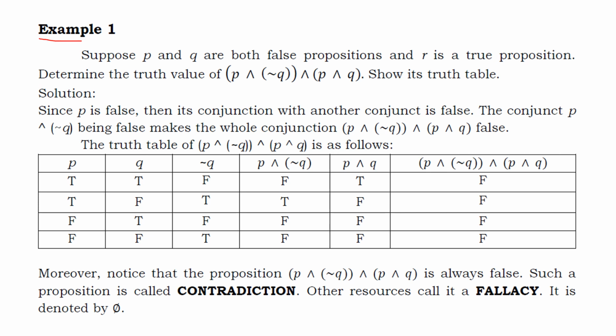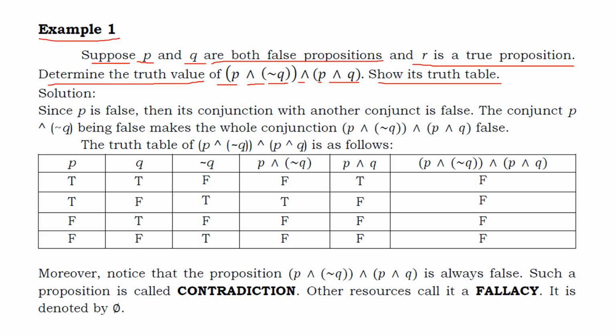Now, for example number 1, suppose P and Q are both false propositions, and R is a true proposition. Determine the truth value of P conjunction negation Q, conjunction, P conjunction Q. As you can see here, show its truth table.